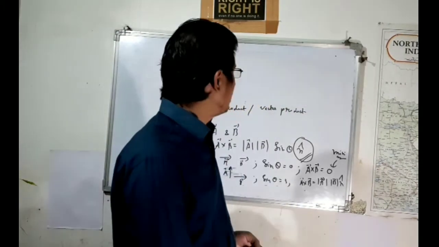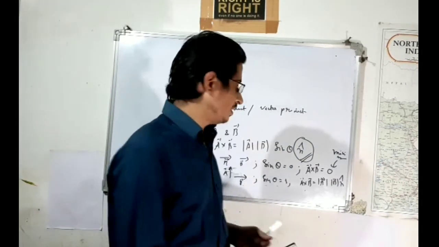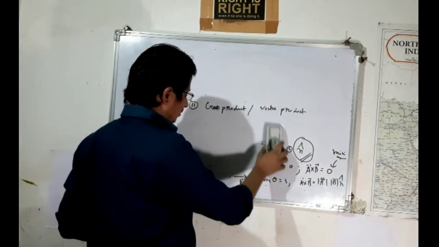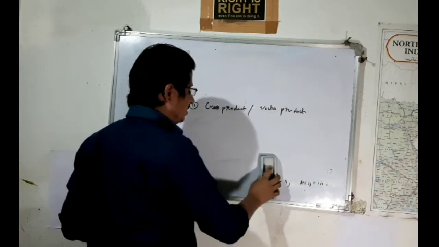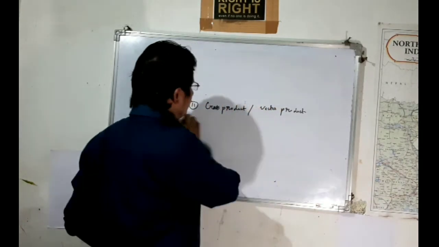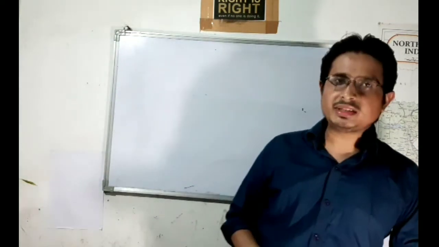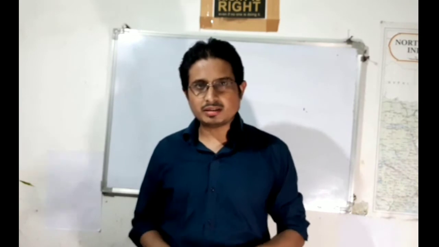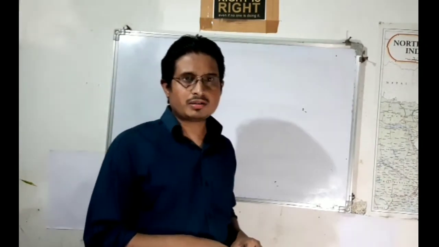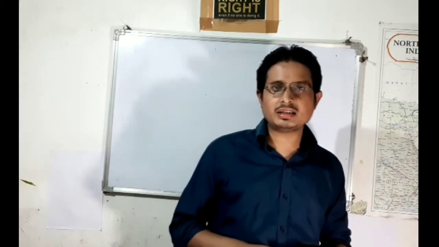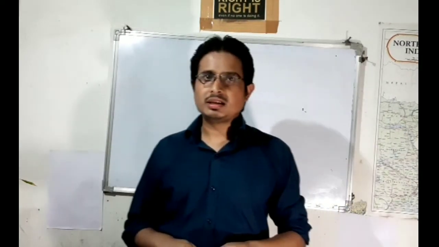At this point, I would like to quickly recap what we have learned so far. We started with physical quantities. Physical quantities are those quantities which are used to measure the properties of a system. These physical quantities can be classified into two categories. One is vectors, another is scalars. Vectors have direction and magnitude. Scalars have no direction, but magnitude is present.